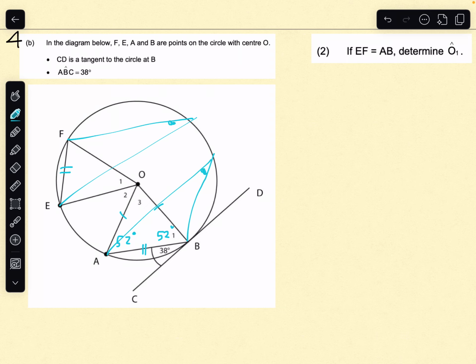And that would mean that O3 is 2 dots and O1 is also 2 dots. So by extension, equal chords not only subtend equal angles at the circumference, but they also then subtend equal angles at the center. I don't know if that's an official theorem, but at the very least it's an extension of the equal chords theorem. So if we can find the size of O3, then we will have determined the size of O1 as well.